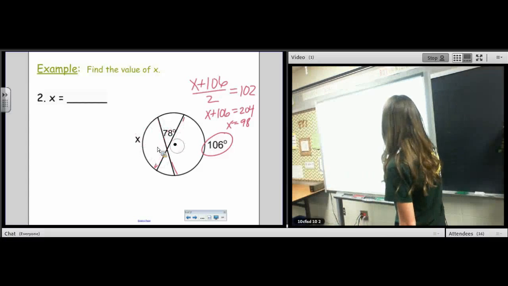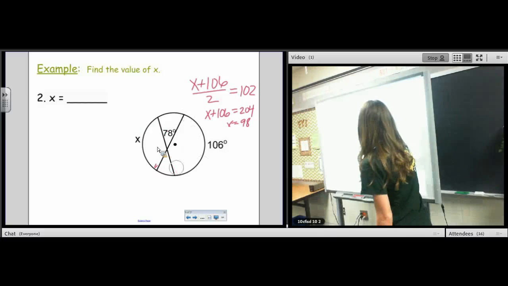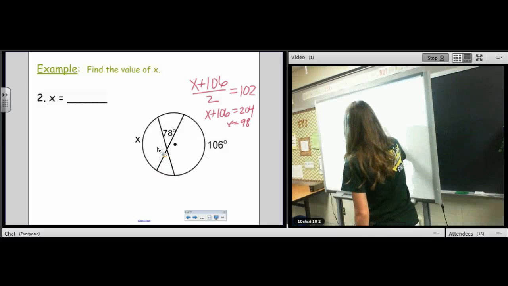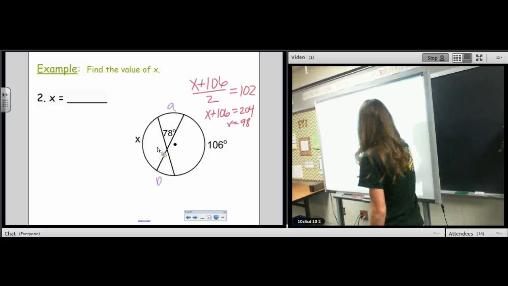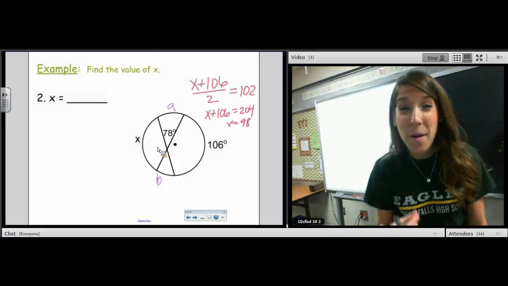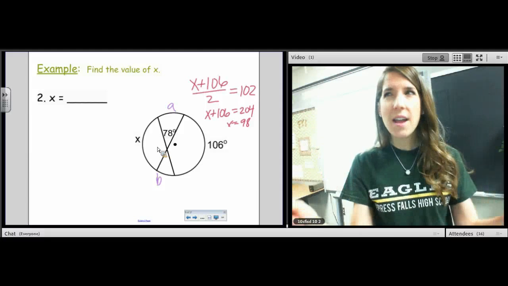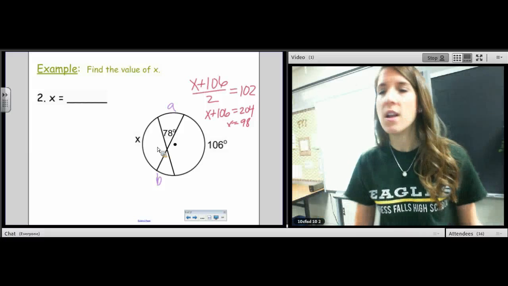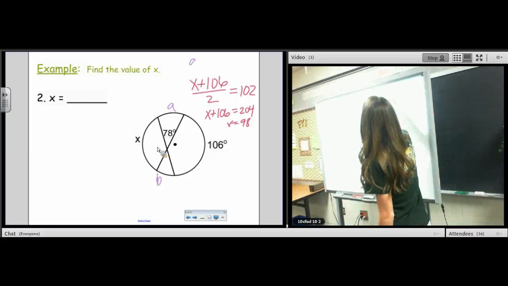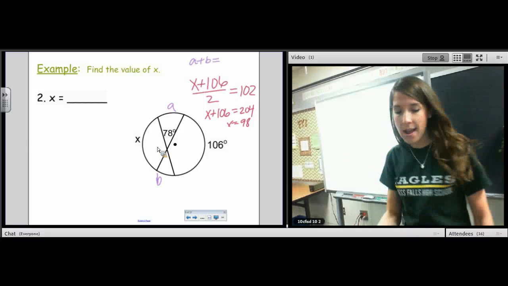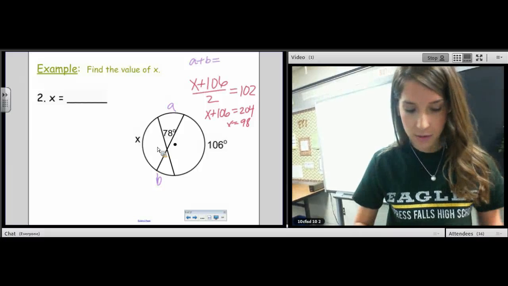Let me show you one more way real quick. The way that I really saw this the first time was I know if I add arc A and B up and divide by 2, I get 78. So I know A plus B has got to equal 78 doubled, right?